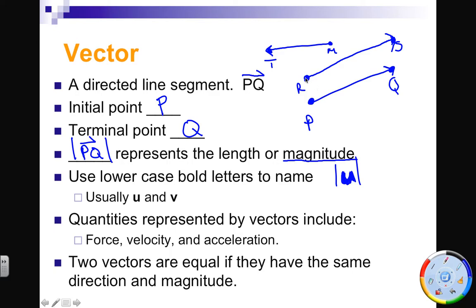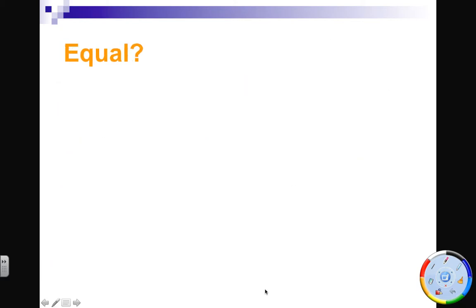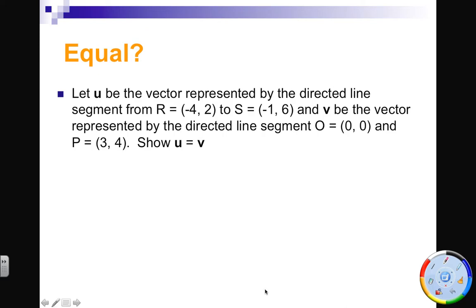So what we need to figure out is how can we describe direction and how can we describe magnitude. I'm going to give you a little bit of information here. We're going to let u be the vector represented by the directed line segment from R to S. So we're looking at a vector RS going from the point -4, 2 to the point -1, 6.